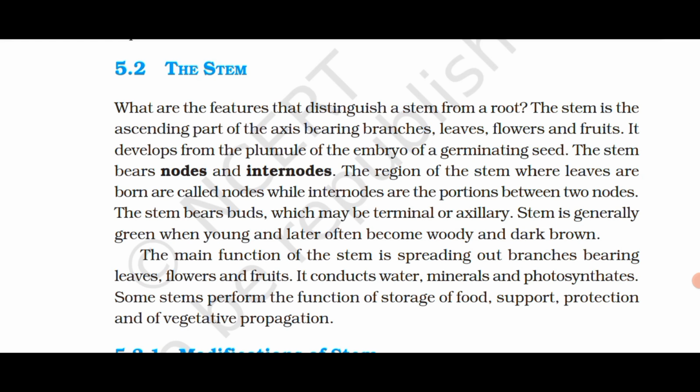The region of the stem where leaves are borne is called nodes, while internodes are the portion between two nodes. The stem bears buds, which may be terminal or axillary. Stem is generally green when young and later often becomes woody and dark brown.